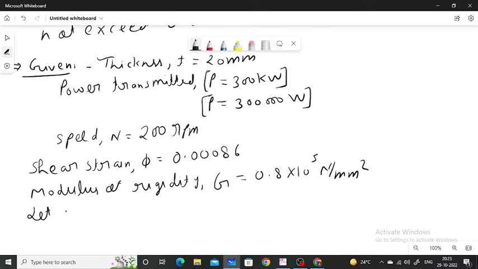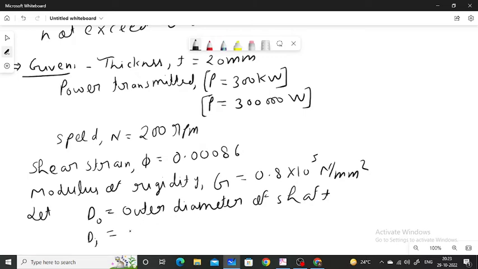Let DO be the outer diameter of shaft and DI the inner diameter of shaft.